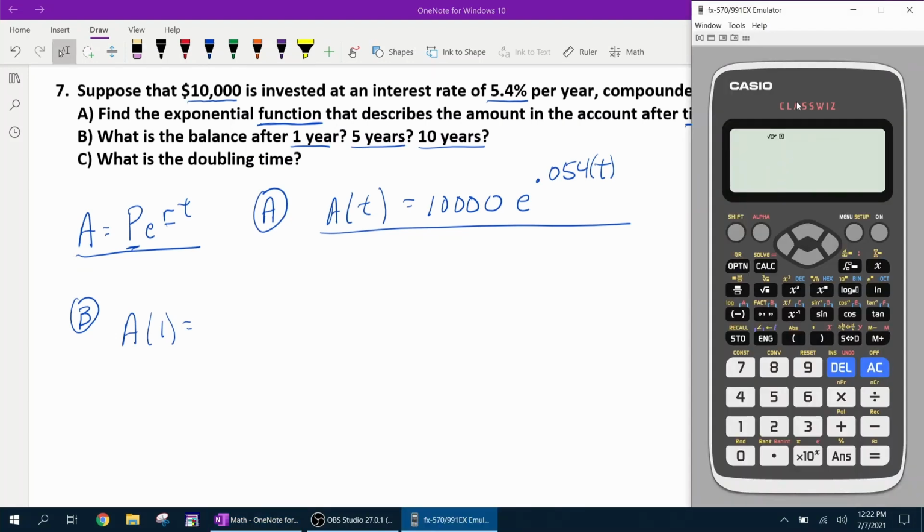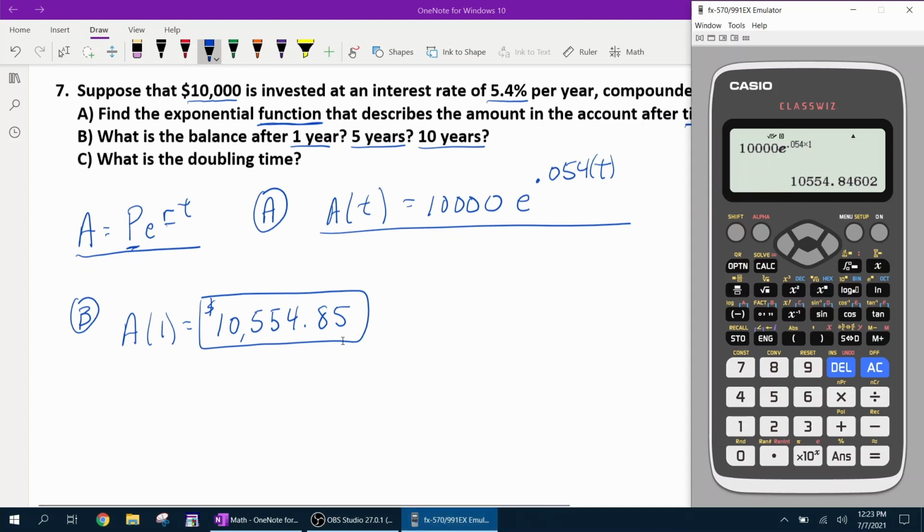Pulling up our Casio ClassWiz, we're going to type in 10,000, e to the, that's going to be Shift LN, to the 0.054, and here we can just click times 1, and that'll give us A of 1. The amount after 1 year is $10,554.85. Remember, you do want to round to the nearest penny when you're working with money, unless specified otherwise.